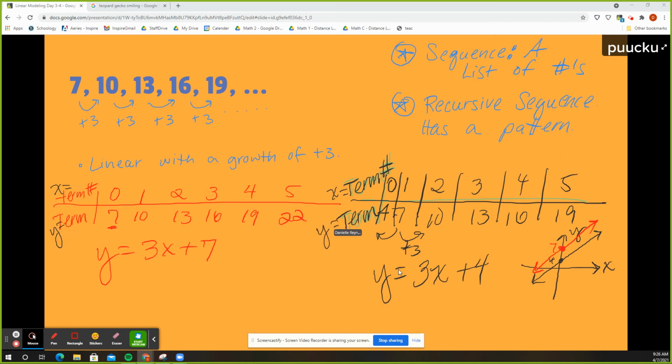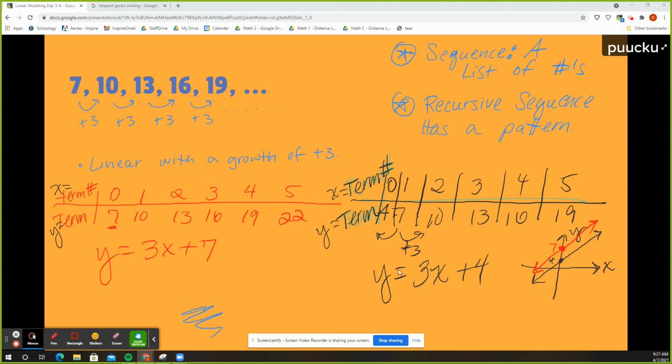One of my favorite mistakes when I introduce linear relationships in Math C is here, I'm going to draw something in blue. Do not copy this into your notes, okay?